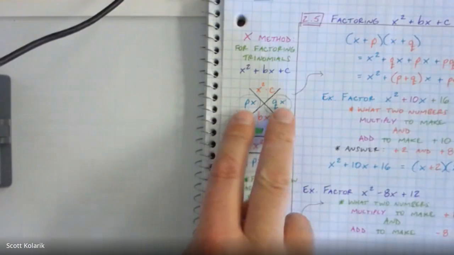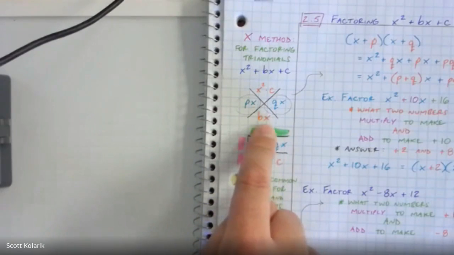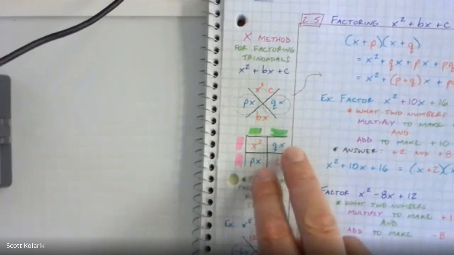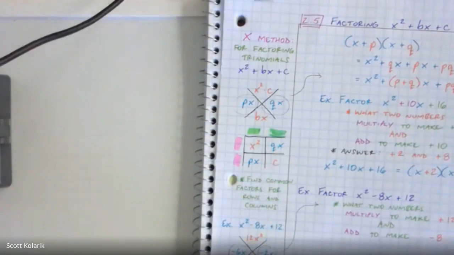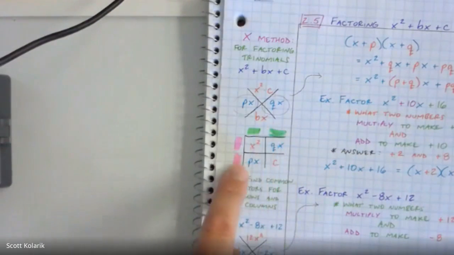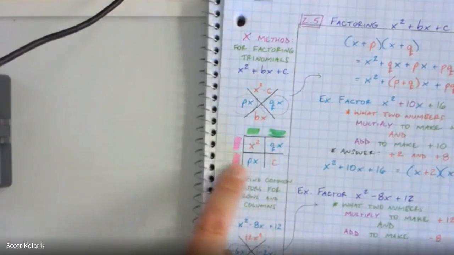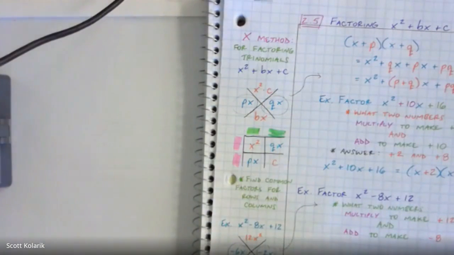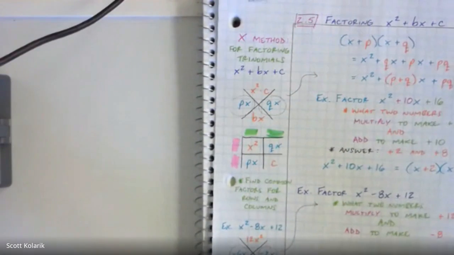Basically, these 2 side values will be the answer to what multiplies to make this value up top and also adds to make this value at the bottom. Then they're going to be used in my table on these little diagonal boxes. And when I get to this table, I'm looking for common factors for the columns and the rows. Now, all of that may seem very abstract, and it's going to make more sense once it's put into action.